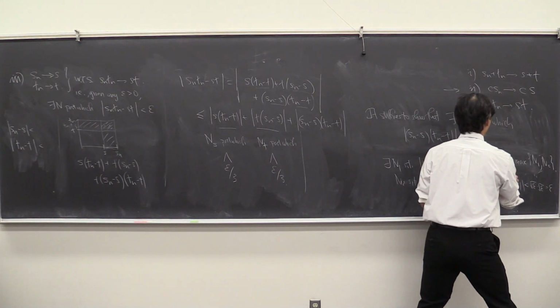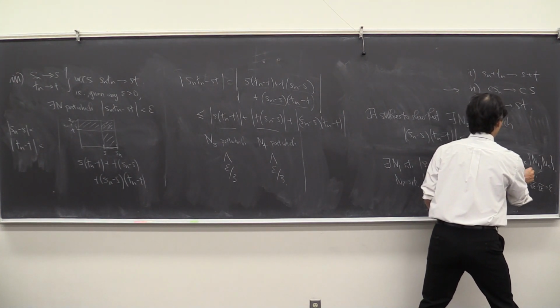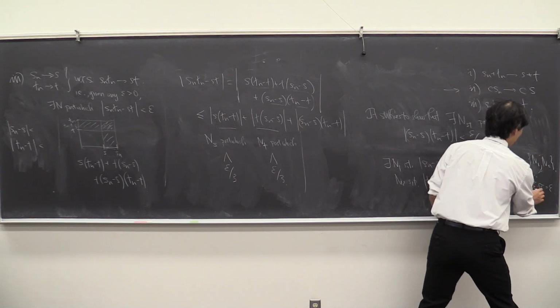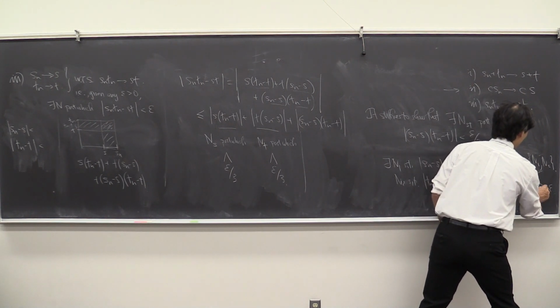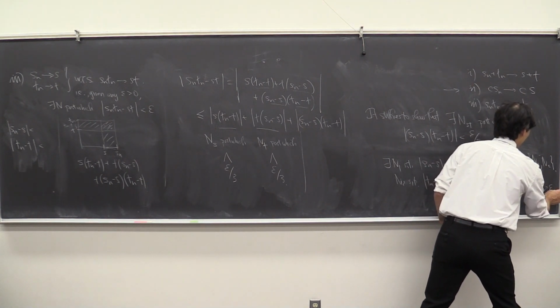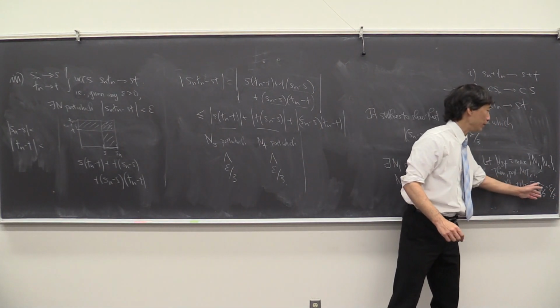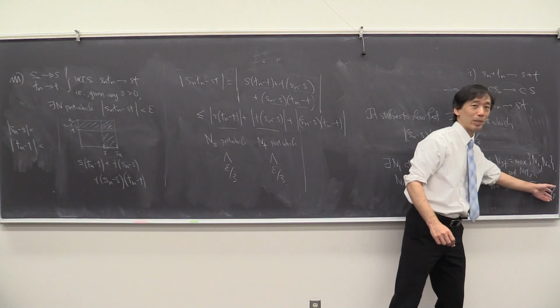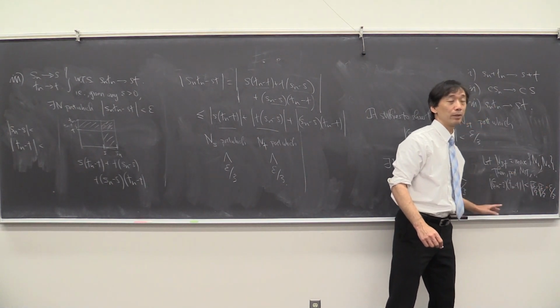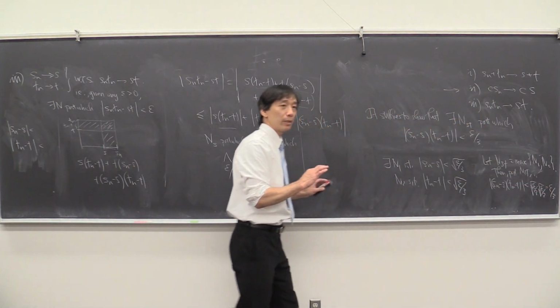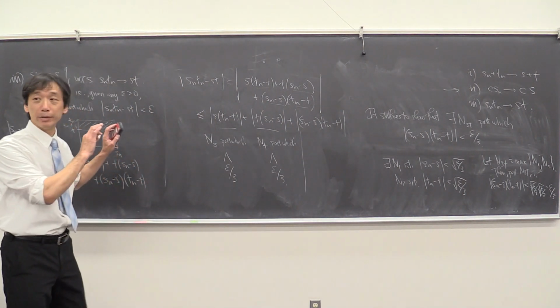Then past nst, this thing is smaller than the square root of epsilon over 3 times the square root of epsilon over 3, which is epsilon over 3. Sorry, I hope it's clearer now.